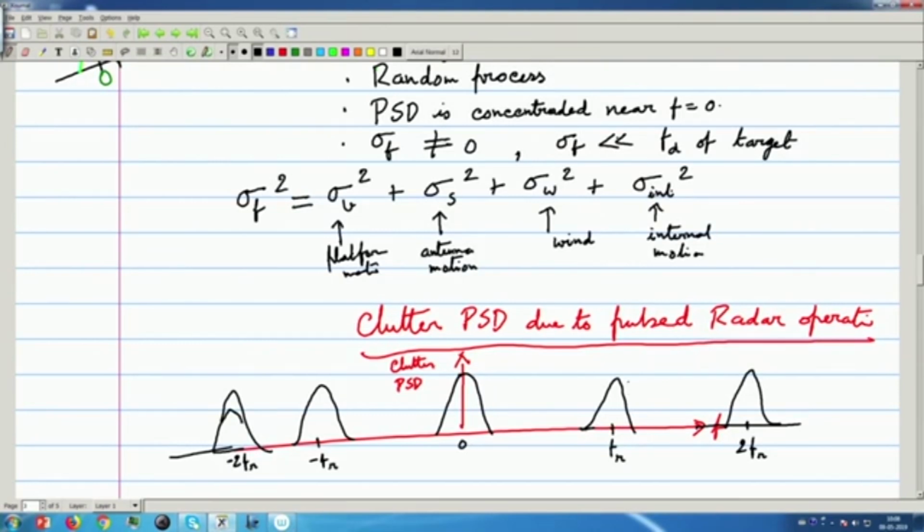So, this is a problem for pulse radar. Now, what the MTI filter does, it will have to remove this clutter.